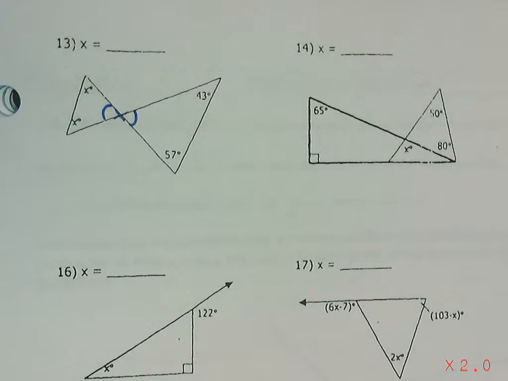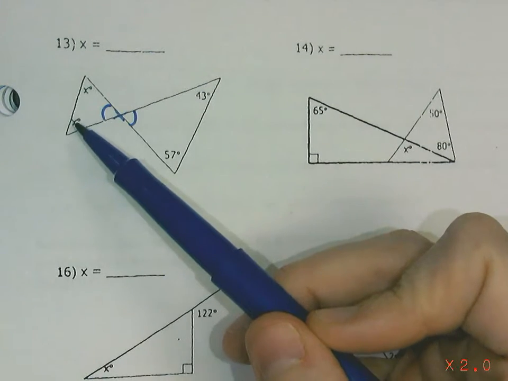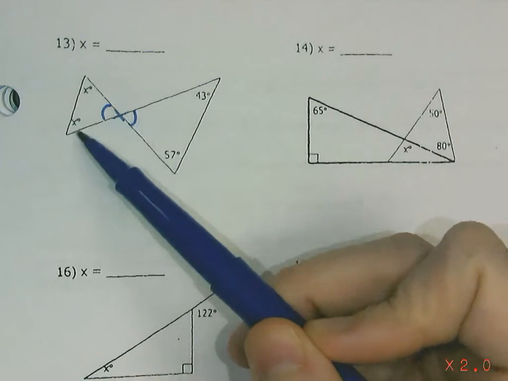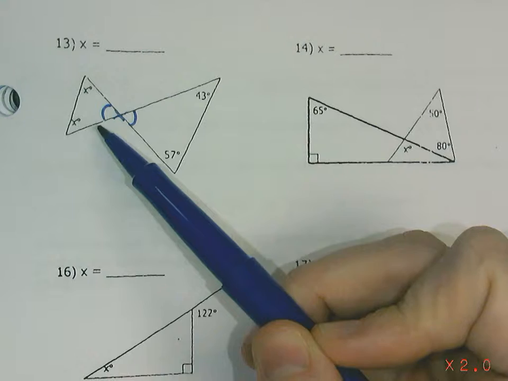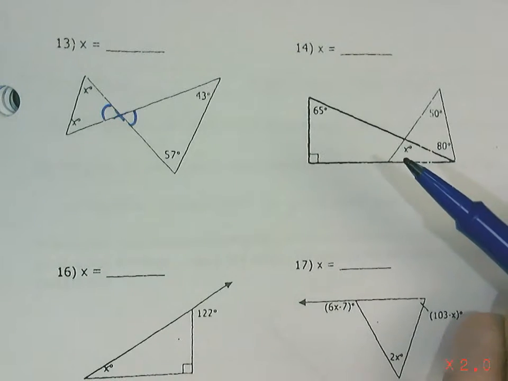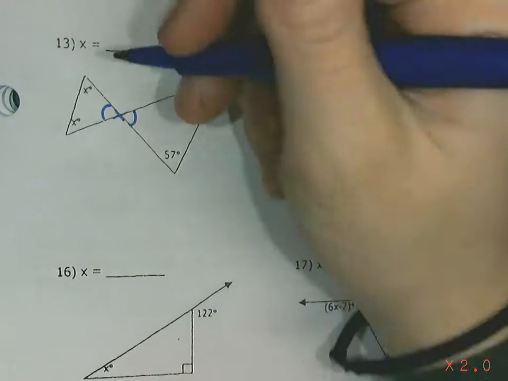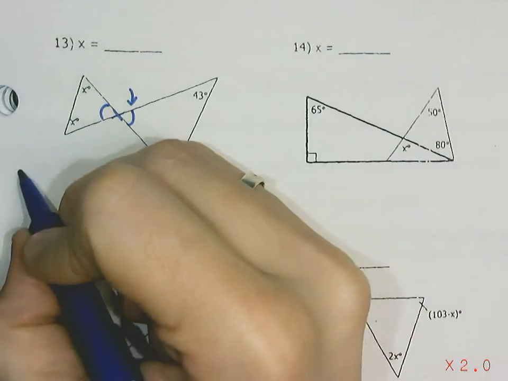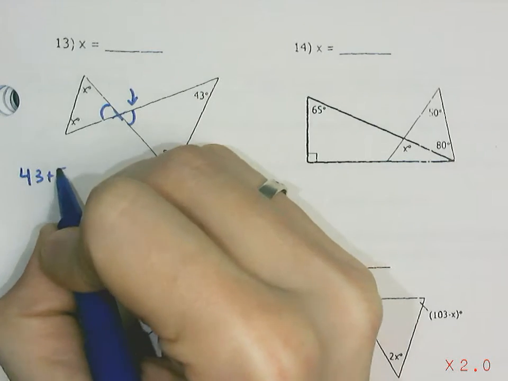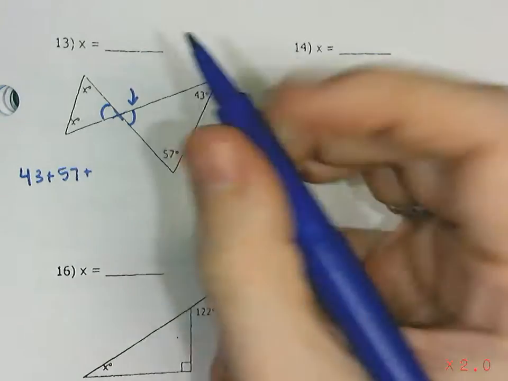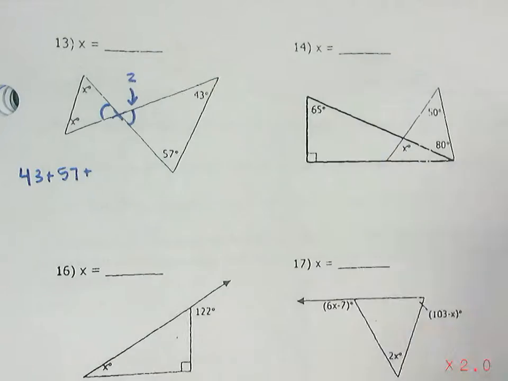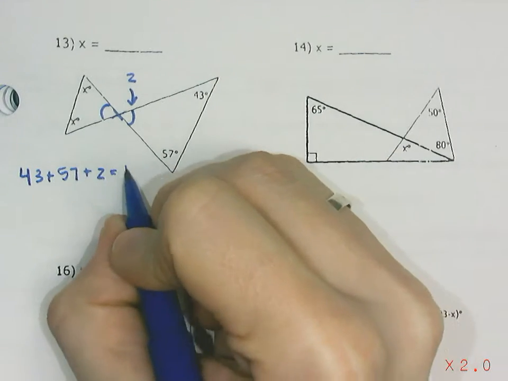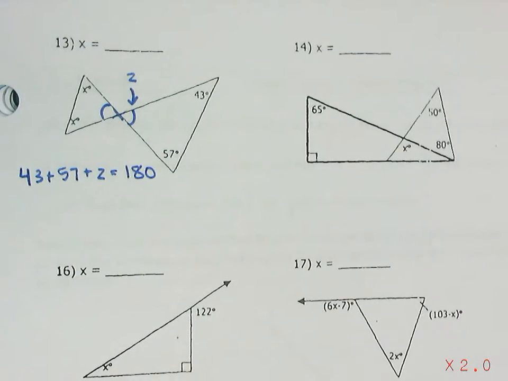Okay, so we have to find what X is. But since we don't know any of the measurements in this triangle right here, first we have to find the missing measurement in this bigger triangle. We have to find this measurement right here, where I drew my arrow. So to find that, I'm going to take 43 plus 57 plus, I'm going to call this Z, plus angle Z is 180 degrees.